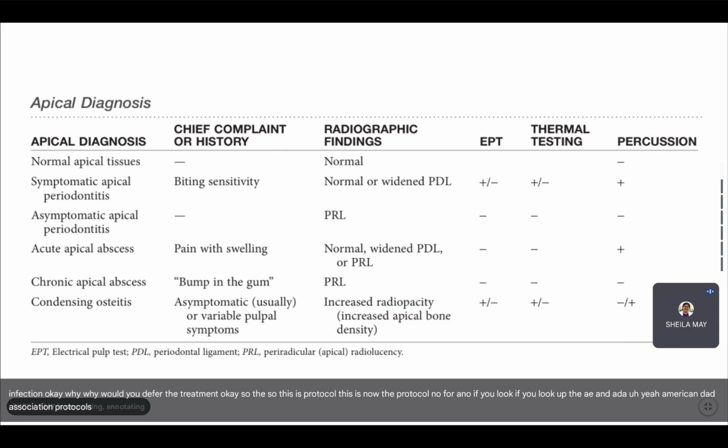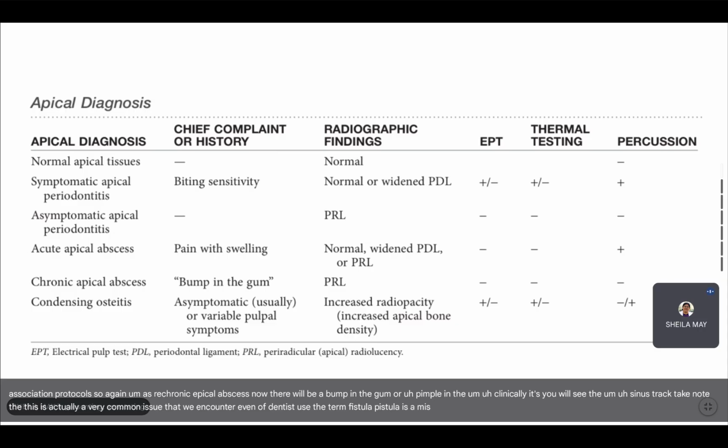As for chronic apical abscess, there would be a bump in the gum or pimple in the gum. Clinically, you will see a sinus tract. Take note, this is a very common issue that we encounter. Even old dentists use the term fistula.